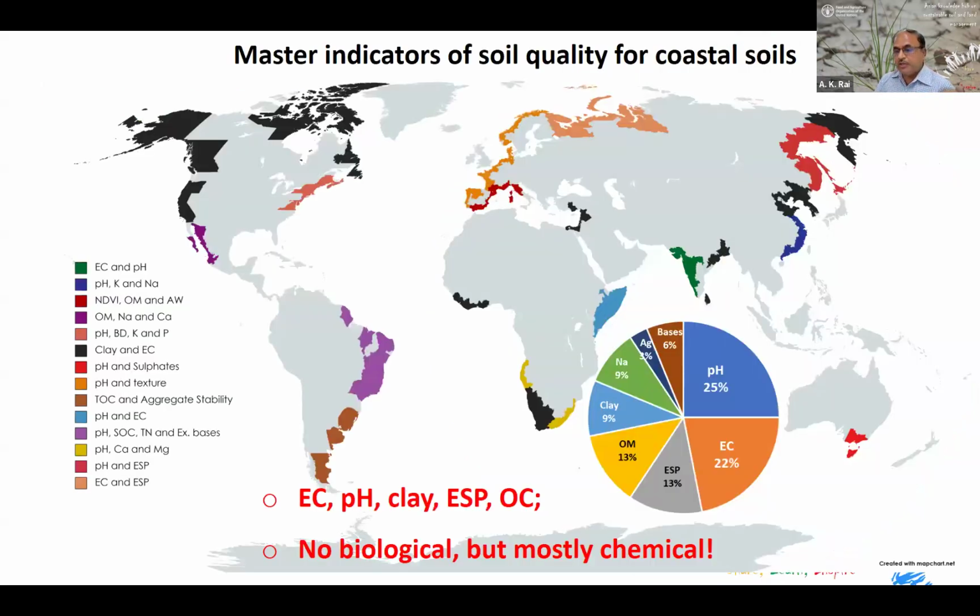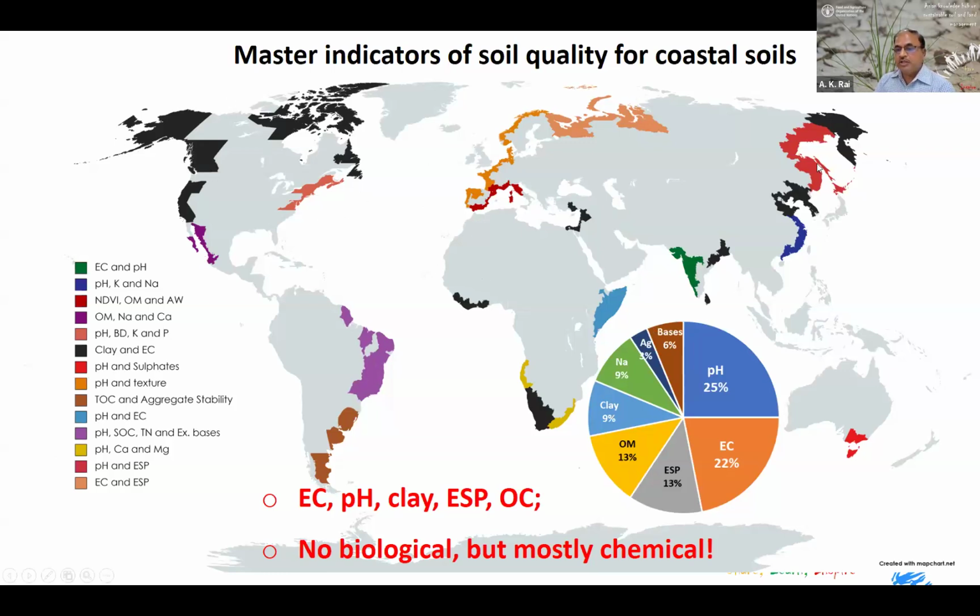So till now we have searched the global literature available, and we have seen that in about 22 to 25% of soil quality indices, they are dependent upon pH, and EC has come up as the most master indicator. Besides that, clay, ESP, and organic carbon are there.